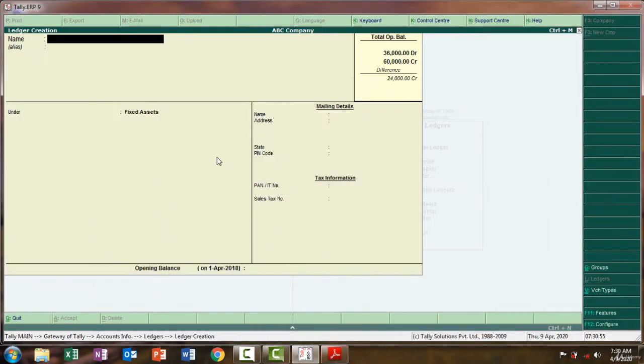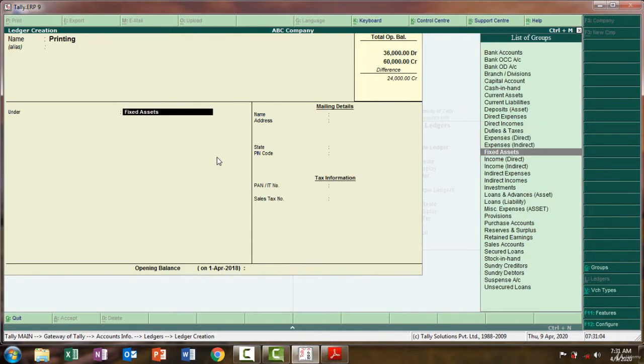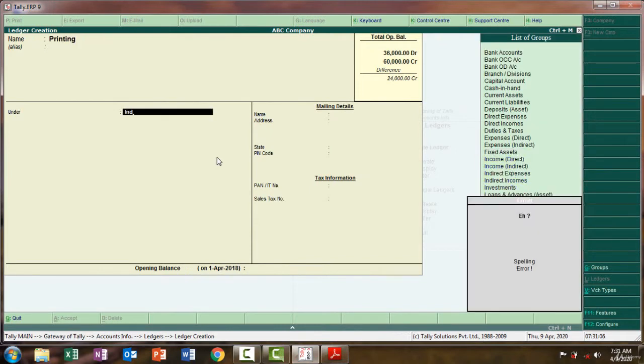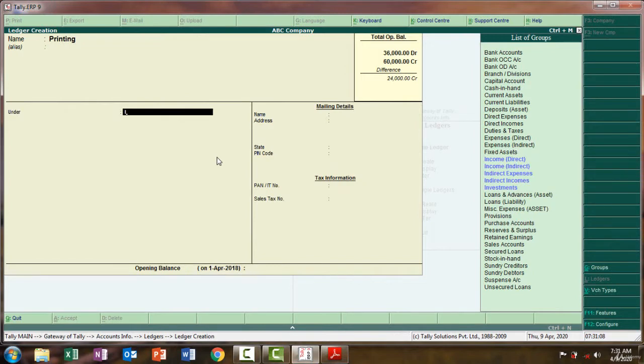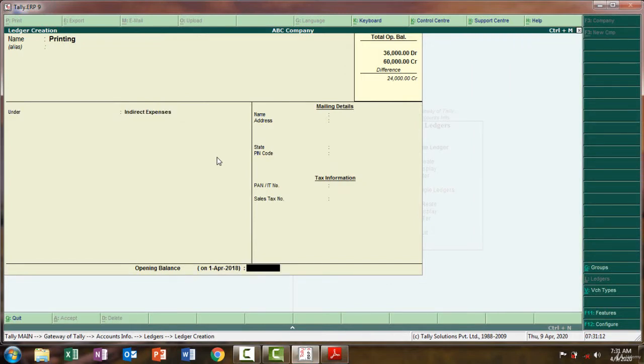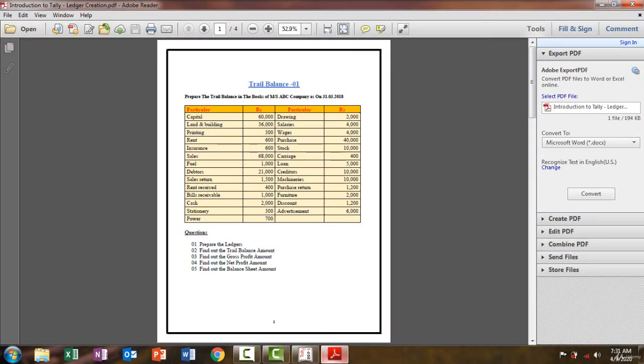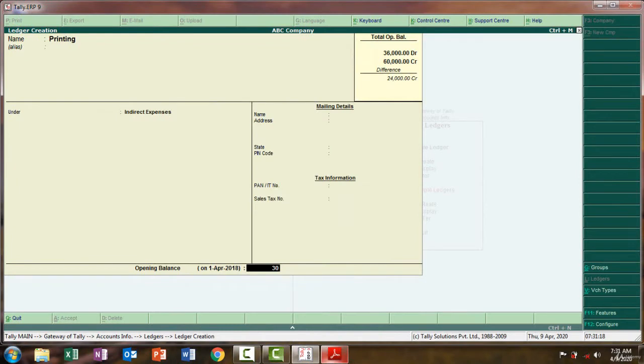Printing is an indirect expense, so I'm going to type printing, and choose indirect expenses. The amount is 300.